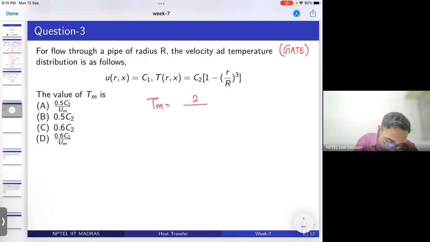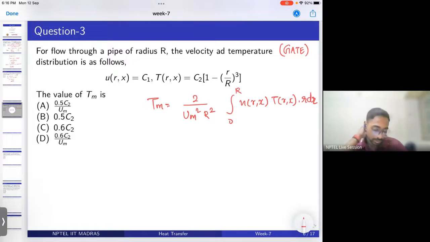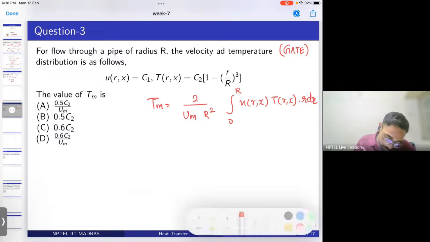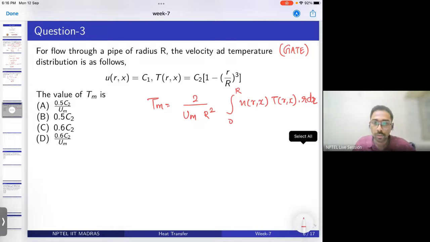Q divided by um square r square, integral 0 to r of u(r) T(r) into r dr. So this is the general expression for the mean temperature, right? It's not square, it's just u. This is the expression for Tm.